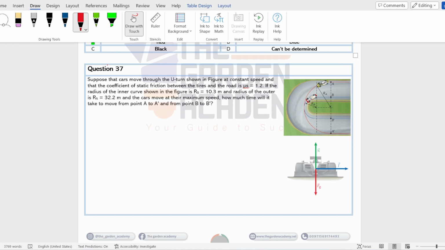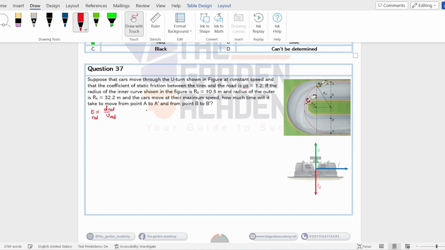First of all, we should know that time is equal to the distance divided by the velocity. In this case, we have two times to calculate: the time for the red path and the time for the blue path. The time for the red path is equal to the distance covered in the red path divided by the velocity of the car in the red path.